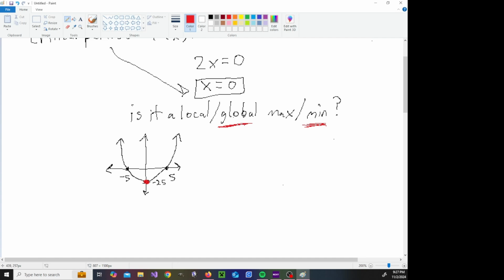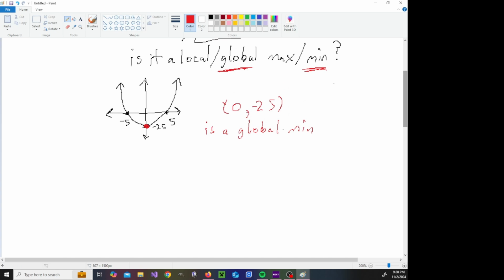So I would say the coordinate 0, comma, negative 25 is a global minimum. That is the lowest value the function ever achieves.